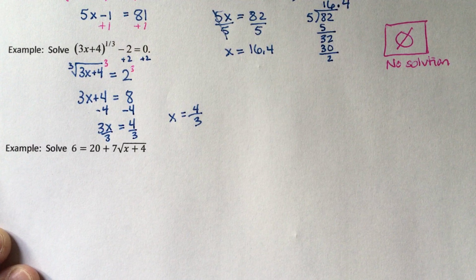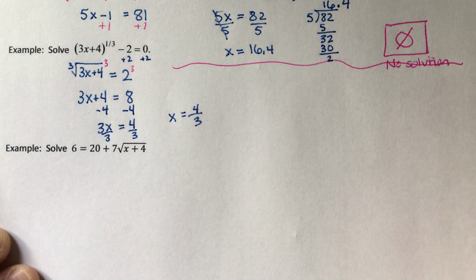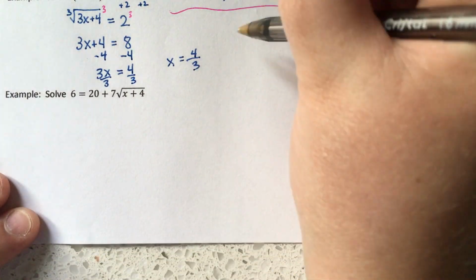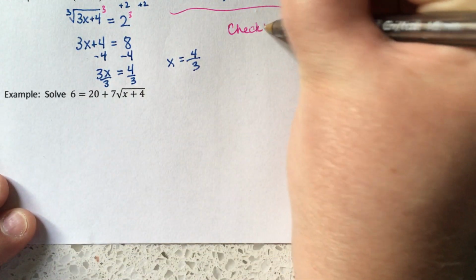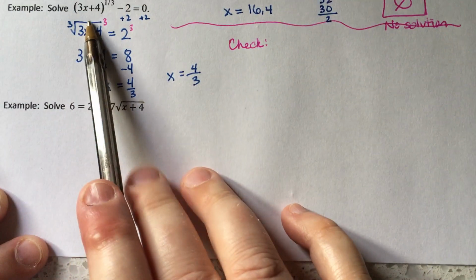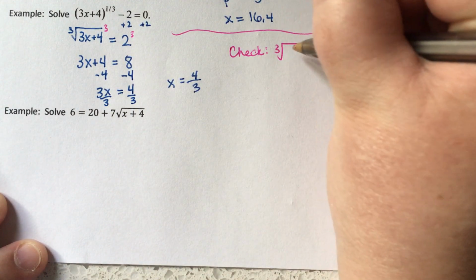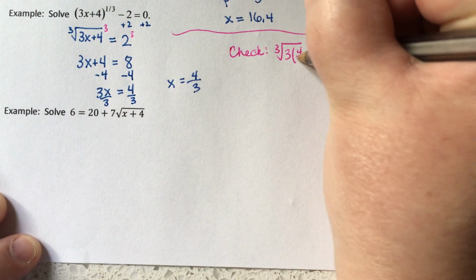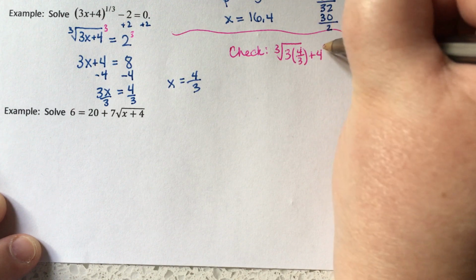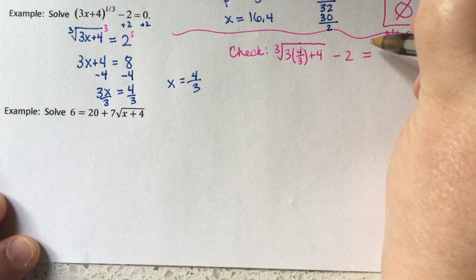Don't let fractions and decimals freak us out, right? They happen all the time. We can still check it. So let's check this one. So I go to the original problem, and if you want to write that 1/3 power as a cube root, that's fine for checking. Cube root of 3 times 4/3 plus 4 minus 2, does that equal 0?